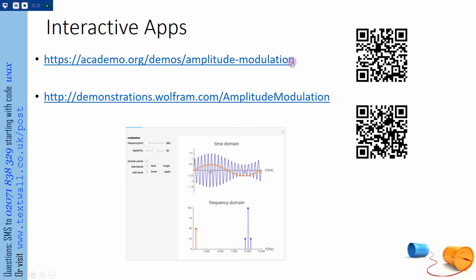You might want to have a look at some of these little applets online. There are plenty more. I just chose these. Let me see if I can get this to work.